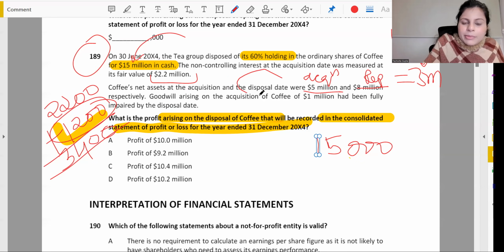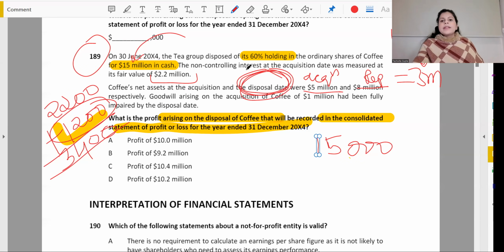See, they have given you the disposal date net assets only. So you will use the full 1200, not 6 by 12. If it was reporting date, then you would have used 6 by 12.